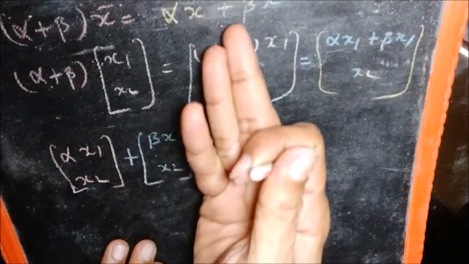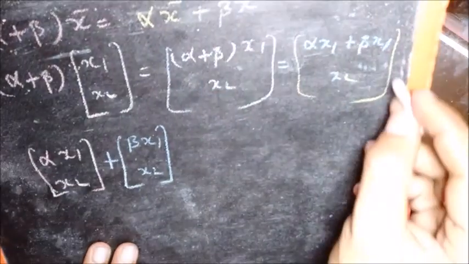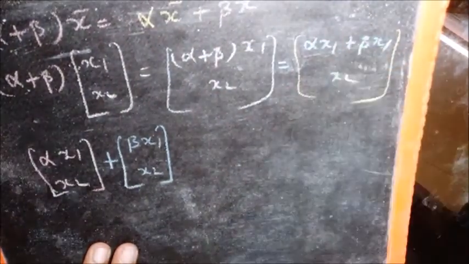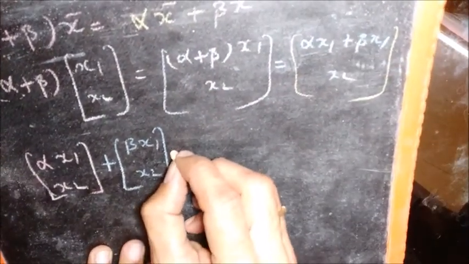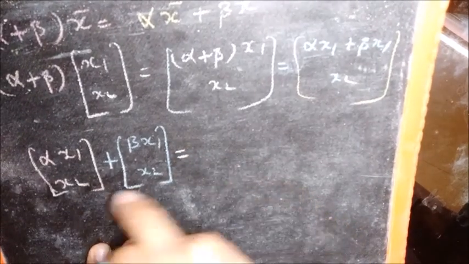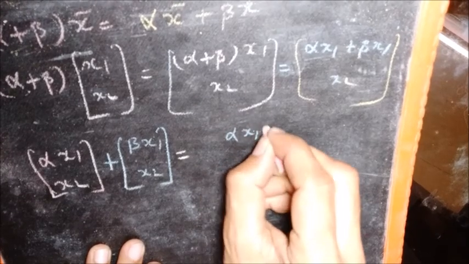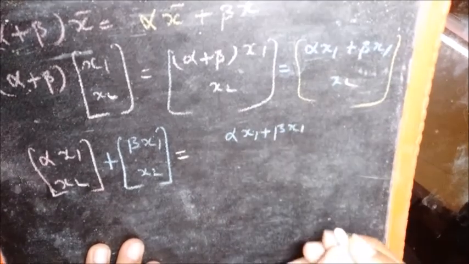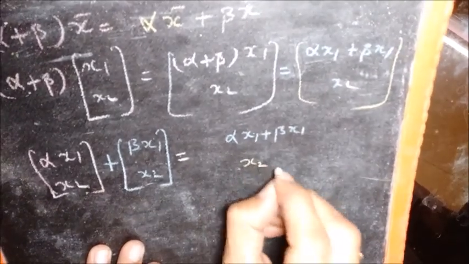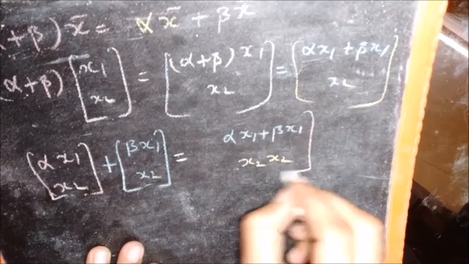Now remember that we are concentrating on the right hand side. The left hand side we already got. Now when I add these, the result, the way we have defined vector addition, is alpha x1 plus beta x1 x2 into x2.